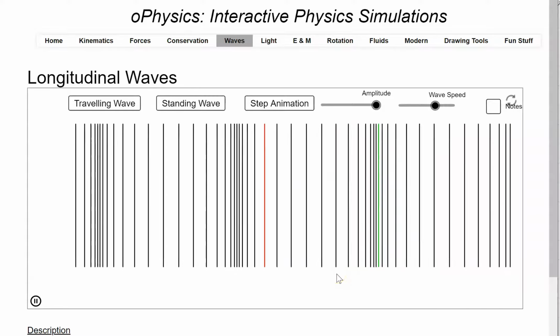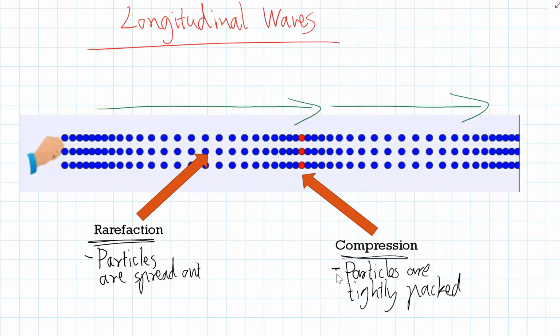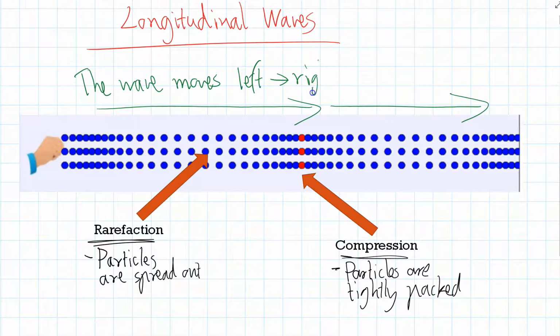So the wave moves, but not the particles. That's probably the most important thing. So in this picture, the wave moves left to right, but the particles only vibrate, or only move back and forth.